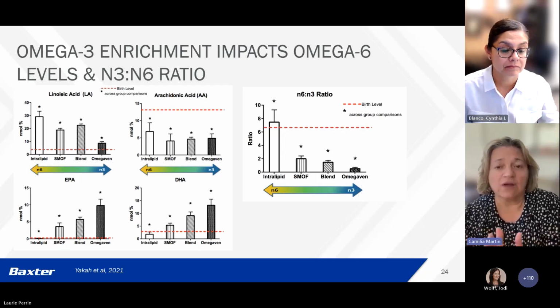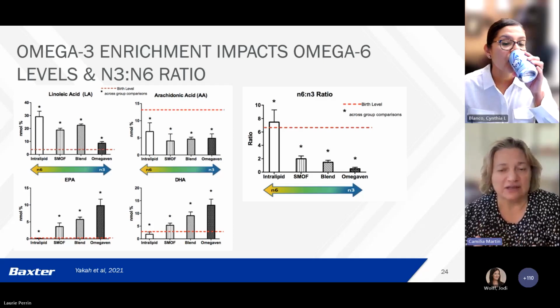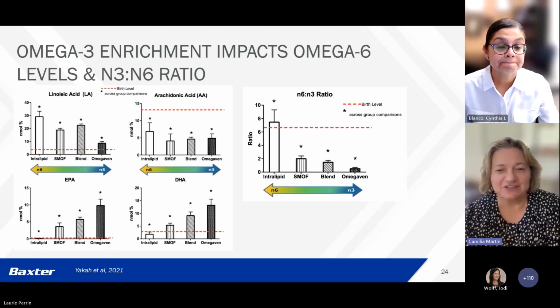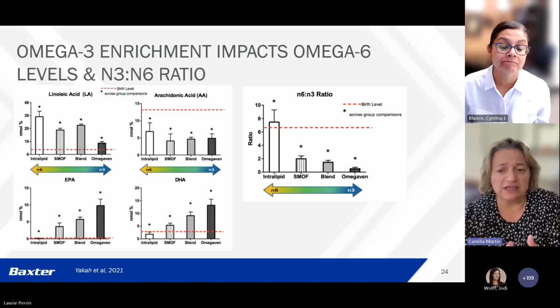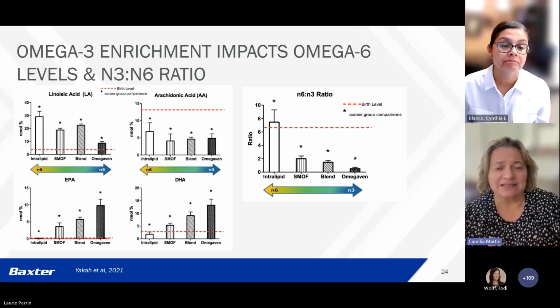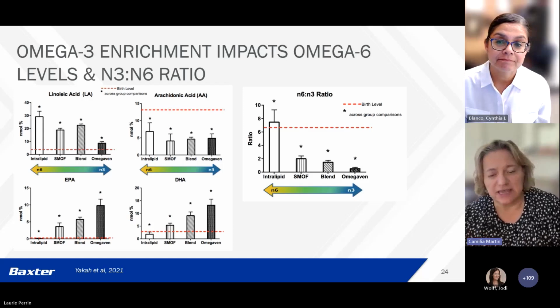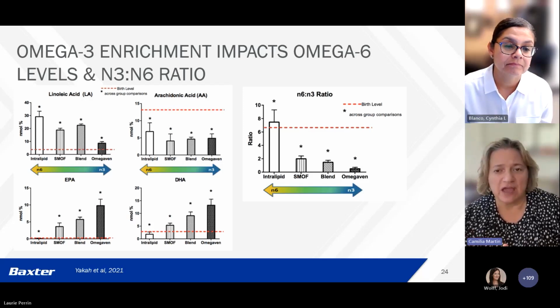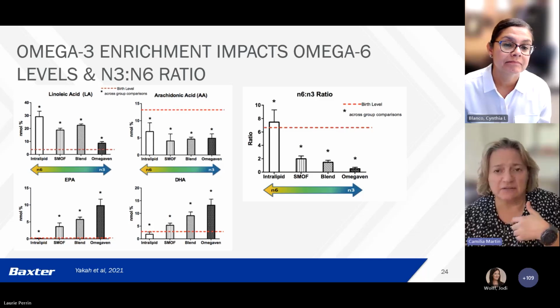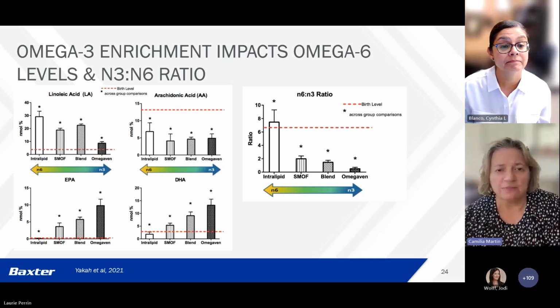What this allowed us to do is dial in specifically on certain measures and the way we were delivering it. So preterm piglets, on the X axis we go from an omega-6 dominant, 100% soybean oil on the left, to 100% fish oil on the right, with a mixed oil in the middle.